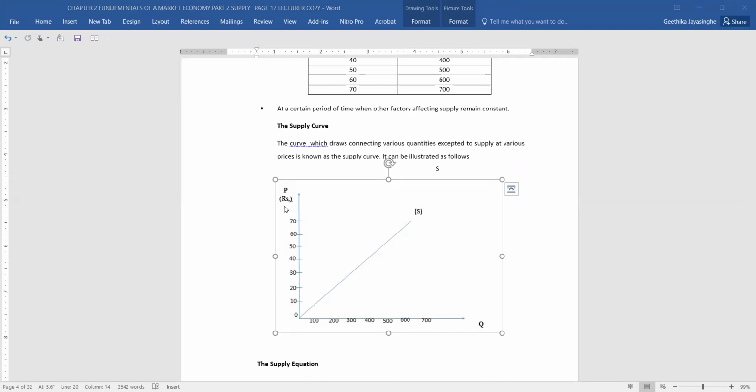You have to name the axes. P, Q, S is the origin, and mark the points properly and the coordinates.